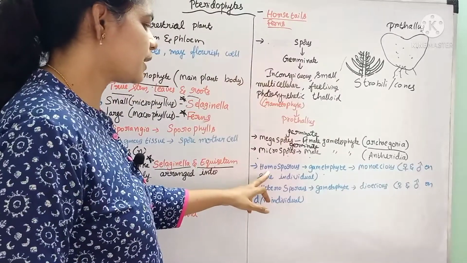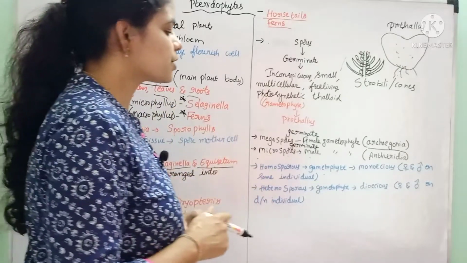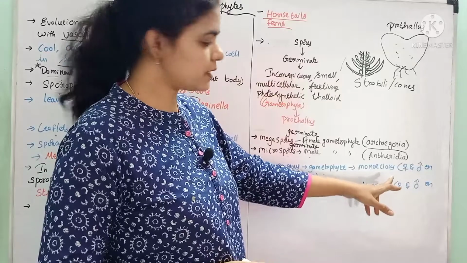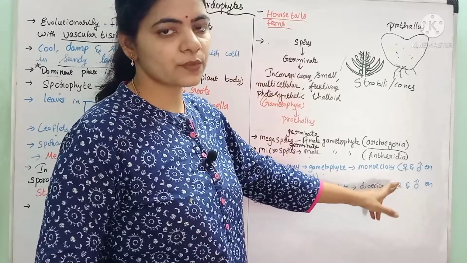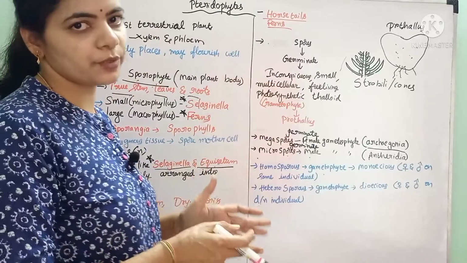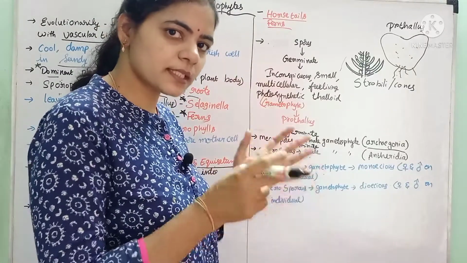In the homosporous condition, homosporous means one type of spore is produced, right? In this condition, the gametophyte may be in the monoecious condition. What is that? Monoecious condition. That means female and male reproductive organs are present on the same gametophyte.